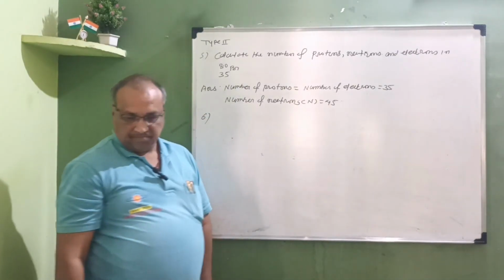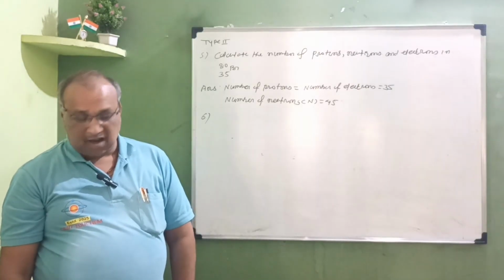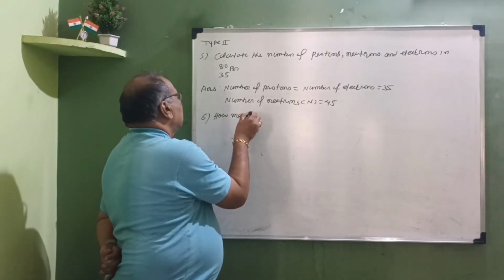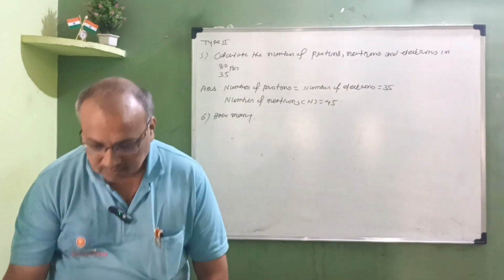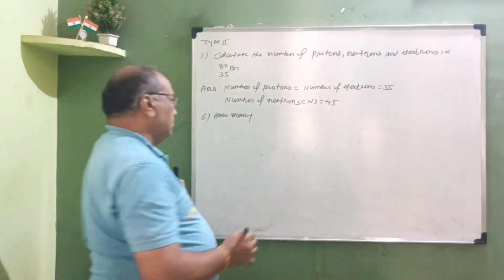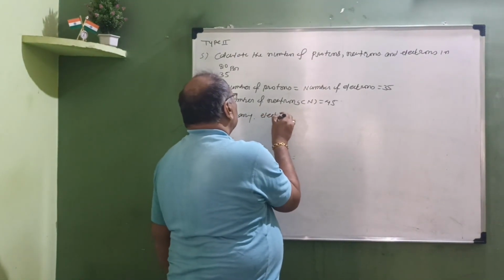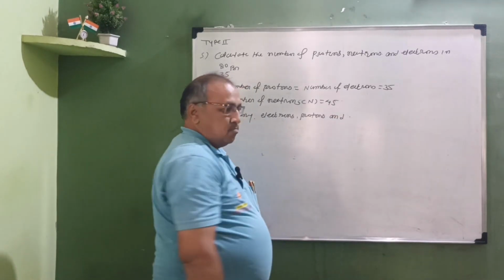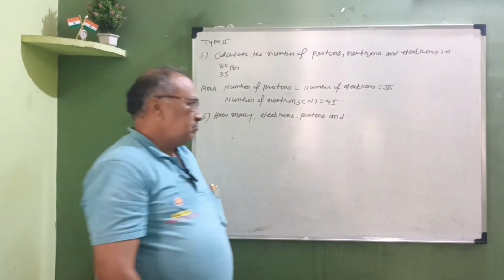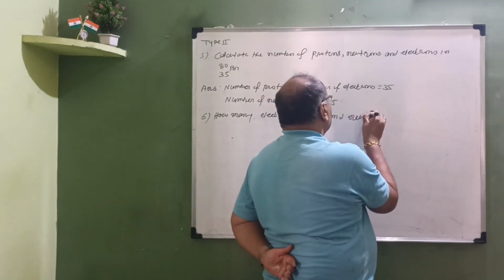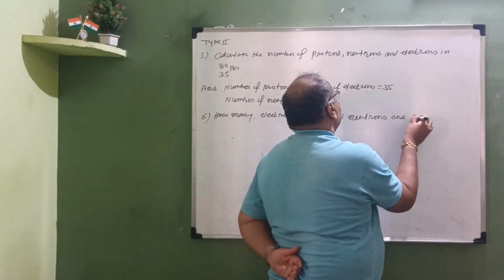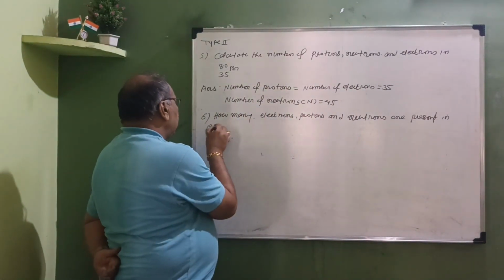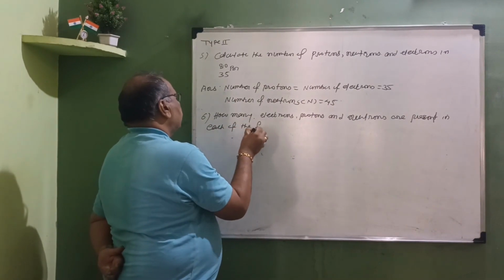Then number 6, how many electrons, protons and neutrons are present in each of the following.